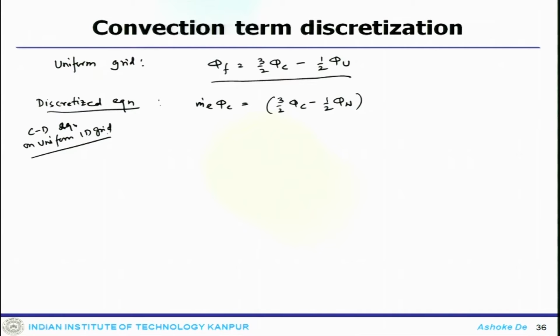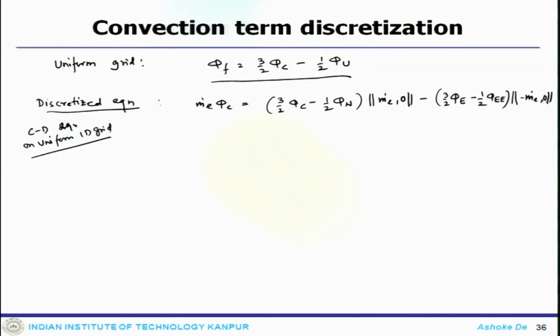That is why you write these things, multiplied with m dot E 0, minus 3 by 2 phi E minus half phi E E multiplied with minus m dot E 0.